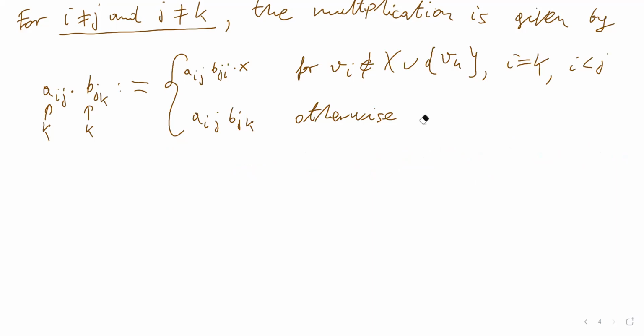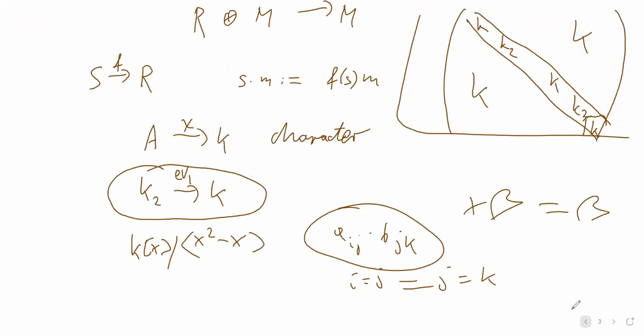I just defined for you what I mean by this relative matrix algebra. And I repeat, this is the usual matrix algebra, except that it has some off-diagonal entries modified, and multiplication of entries is modified as I already explained. I don't want to repeat it.